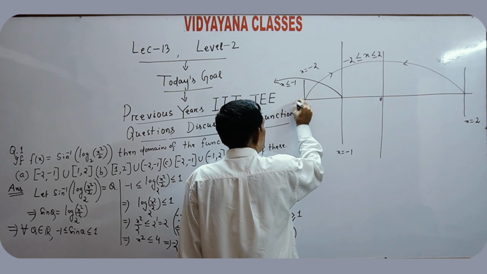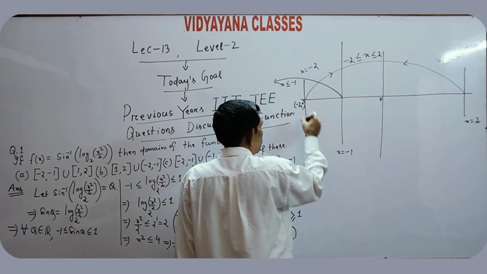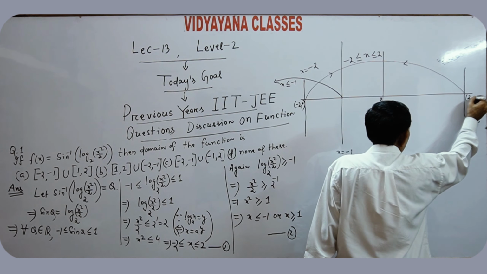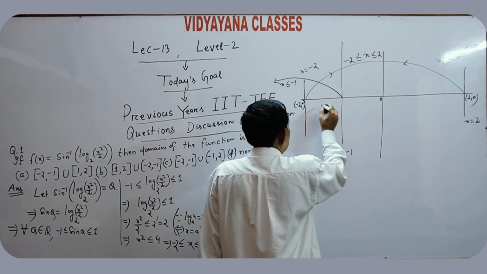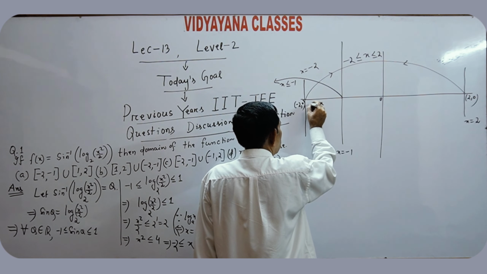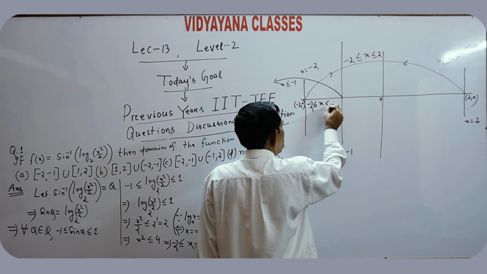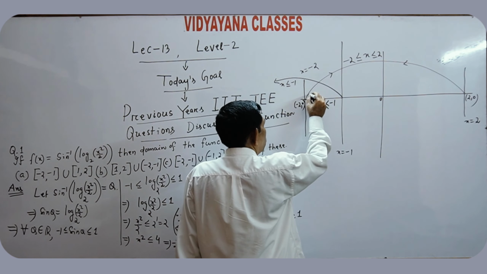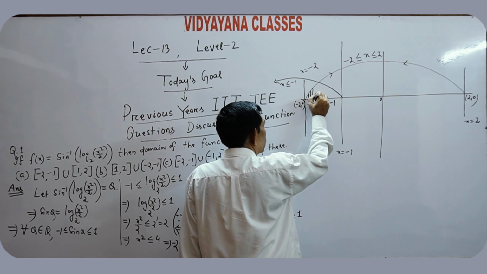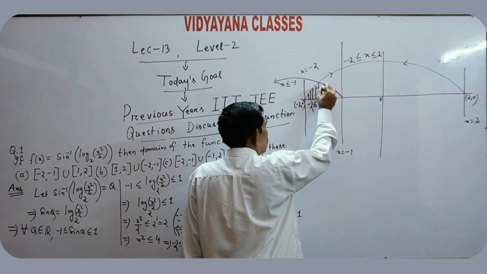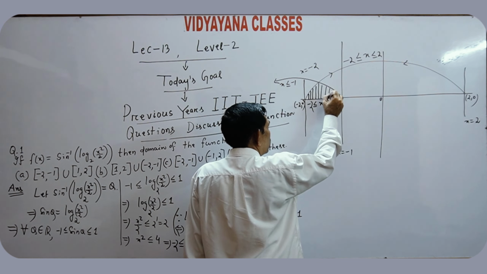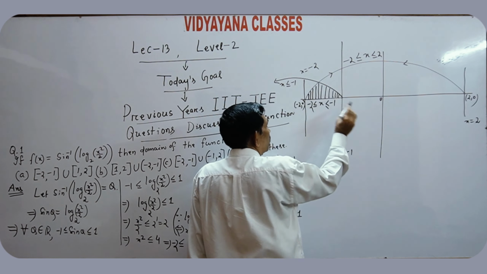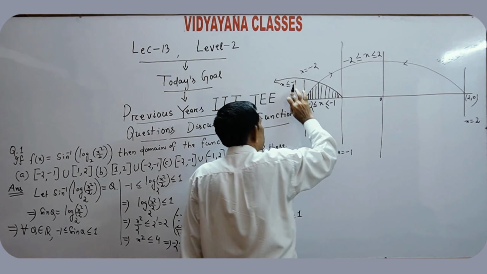This point is minus 2, 0. This point is 2, 0. This interval is x greater than or equal to minus 2 and less than or equal to minus 1. It is the common region of this interval and this interval.